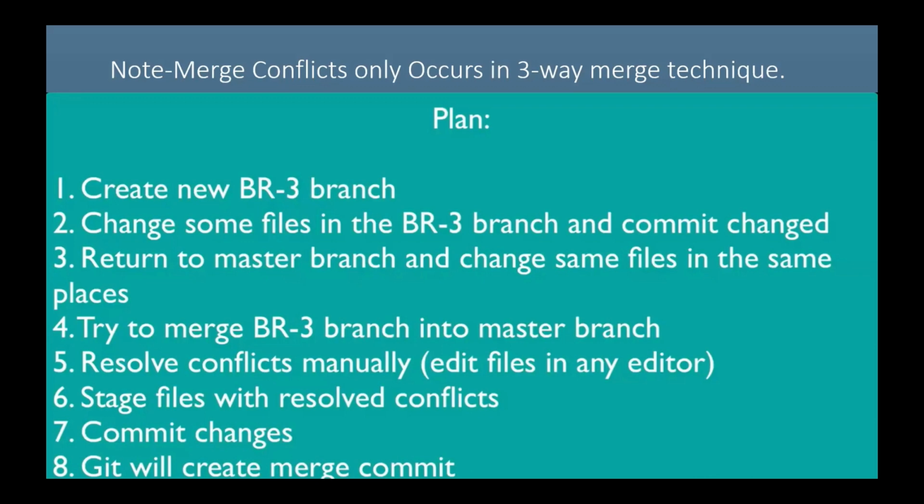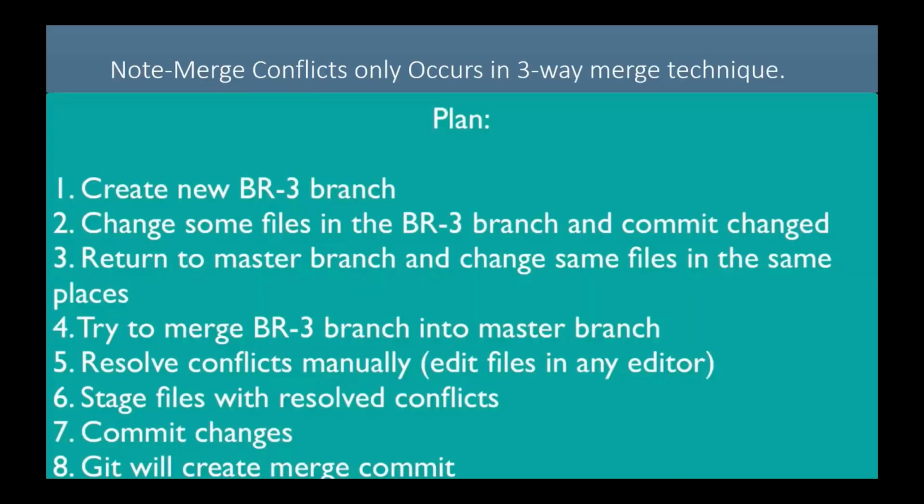But in the fourth step, try to merge the new branch into the master branch. There the merge conflict problem arises. Resolve the conflicts by editing the file in any editor, like Nano editor or Visual Studio Code. With the help of any editor, you can edit the portion, stage all the files, and commit the changes. It will be committed, and there will be no merge conflict problem.